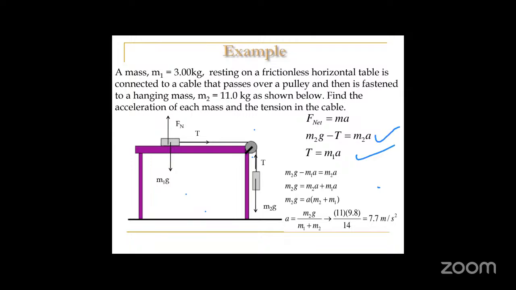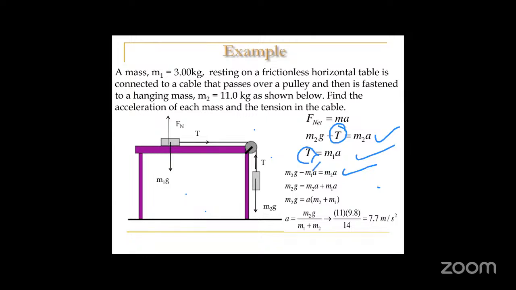The T's are the same because of this frictionless pulley. This is a simple cord that crosses from here to this other side. So we can substitute T is equal to M1A into the first equation. When we do that, we have M2G minus M1A is equal to M2A.